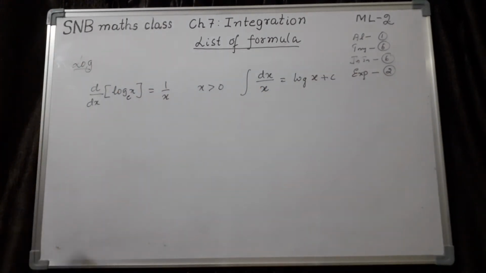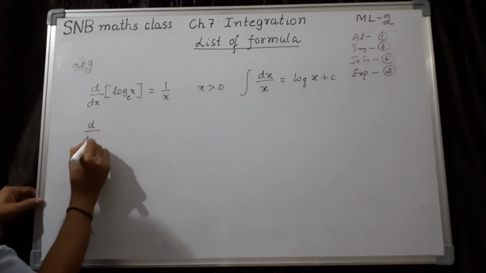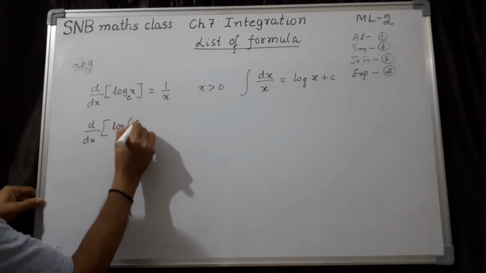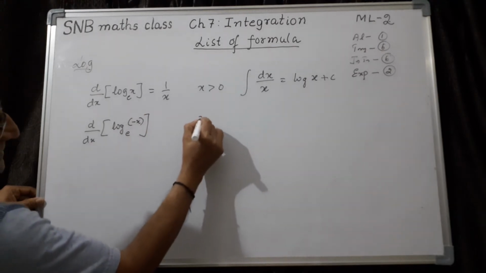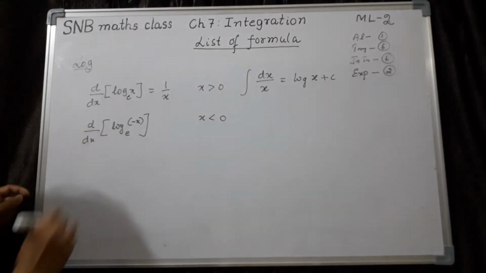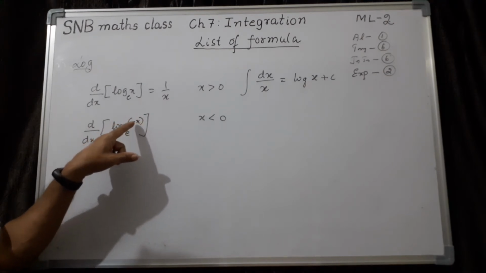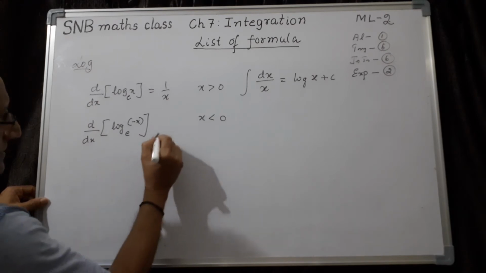But here, there is one more possibility. d by dx of log of minus x I will take. Observe carefully. But the condition is x is negative. Whenever x is negative, minus x is positive, so log is defined. So what happens here is, now you differentiate this one.